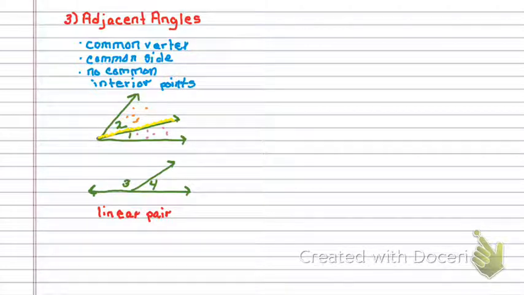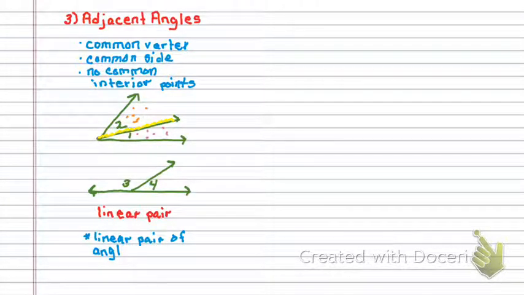We say that linear pairs of angles, so this is that postulate, linear pair of angles is supplementary.